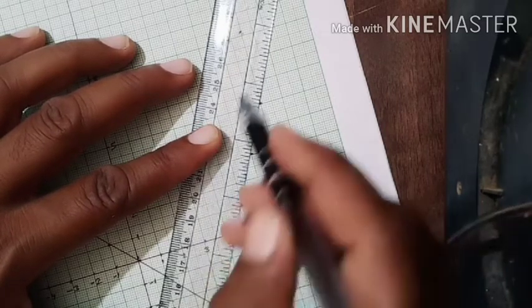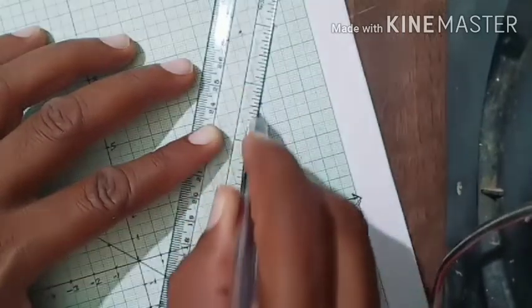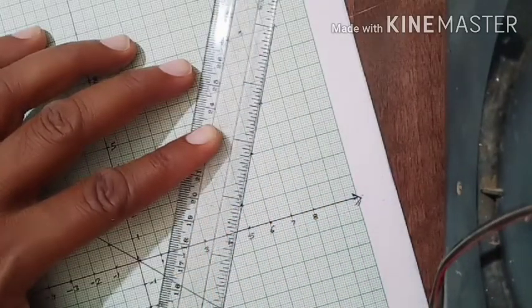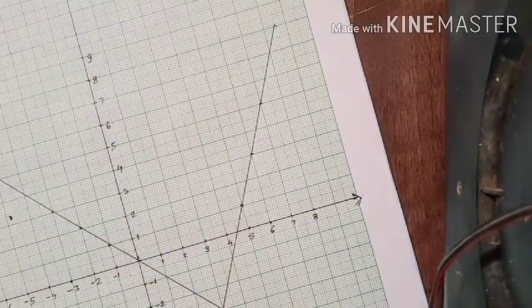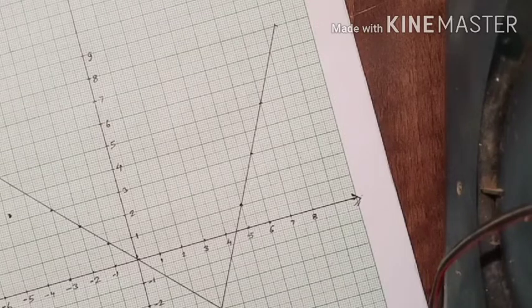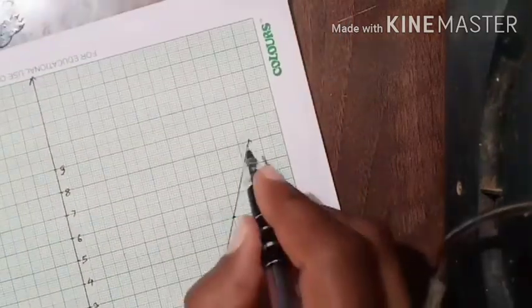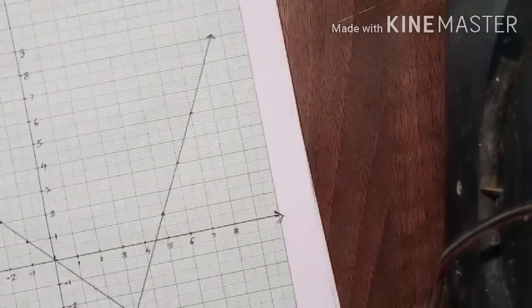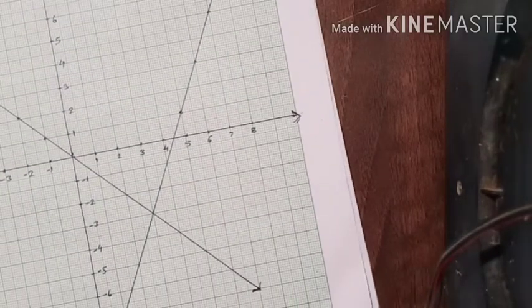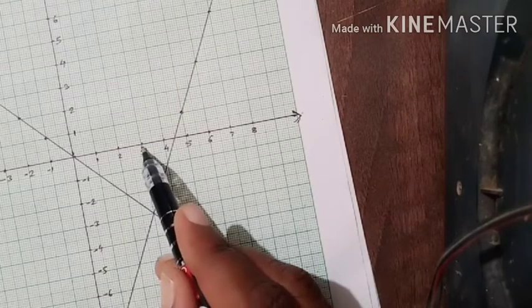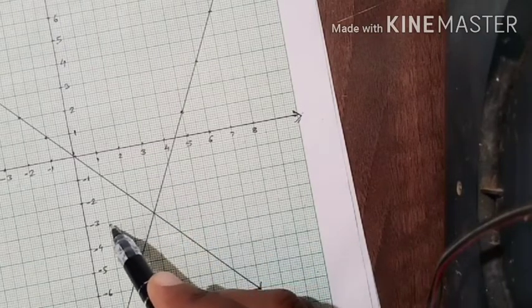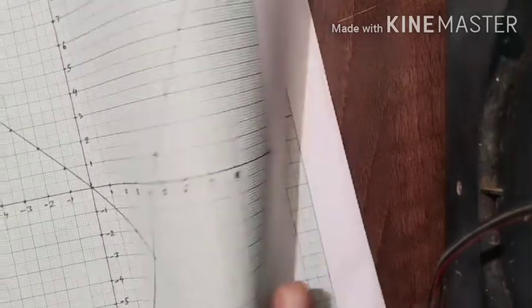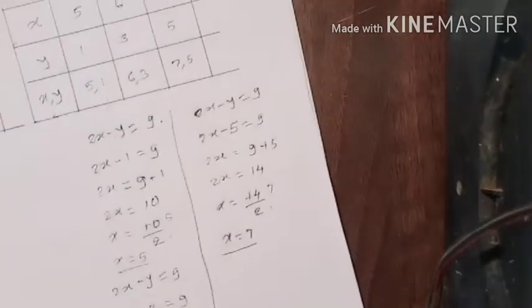You have to draw a straight line passing through the points. In this way, it is a line, and these 2 lines intersect each other at the point here. See here, 3, -3.